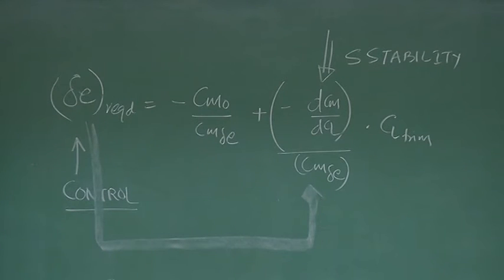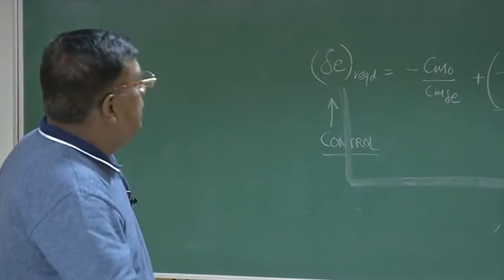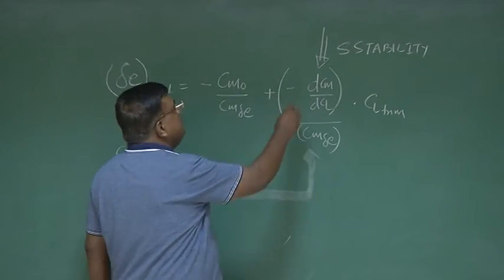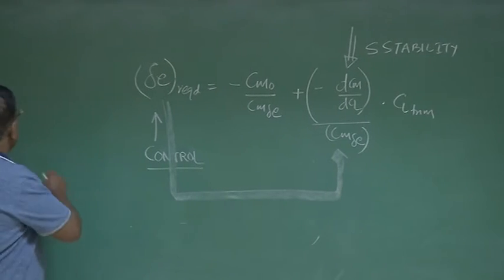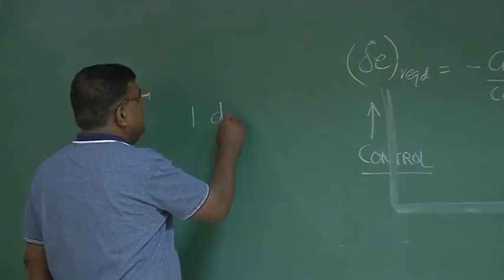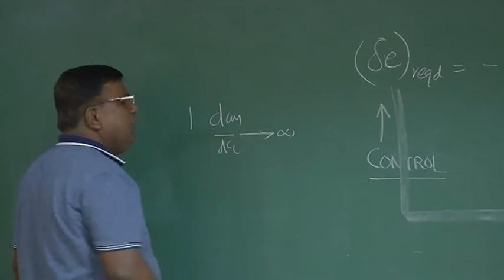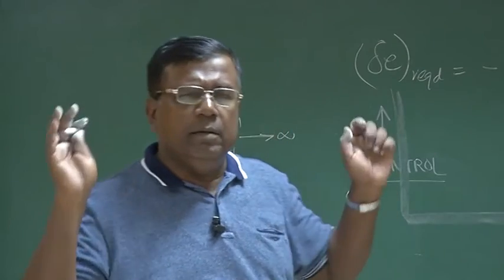But now we want to add value to it and try to physically understand what this is doing. Right? Think of a situation, suppose dCm by dCl is infinite. First case, dCm by dCl goes to infinity, means it is very highly statically stable, infinitely stable.